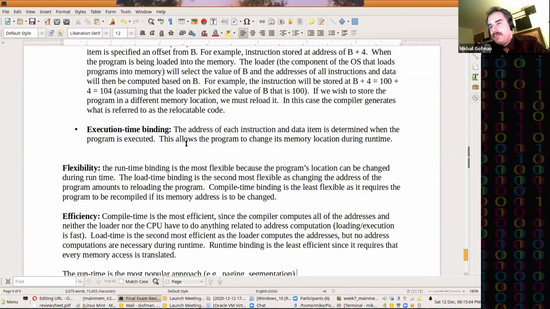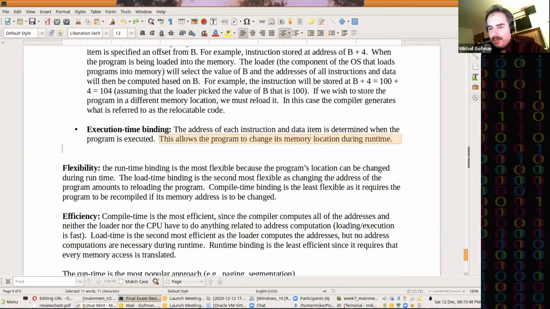That's the execution time binding, or the runtime binding. That's this one. Okay. So the program can change its memory location during runtime. Oh, I wrote it down right here. Yeah. So, yep. All right. So that's basically the idea. Do we have any other questions?